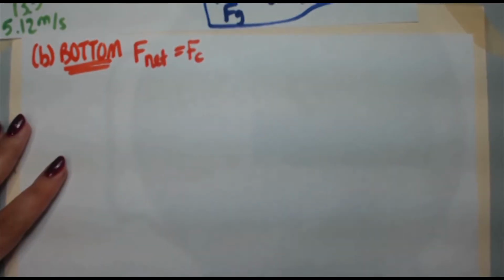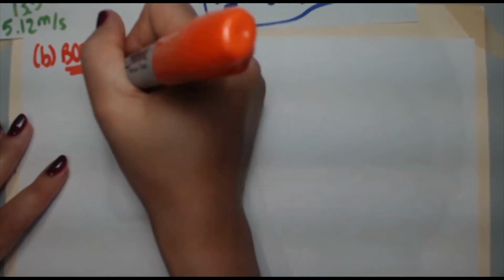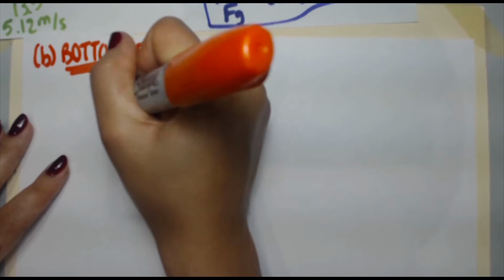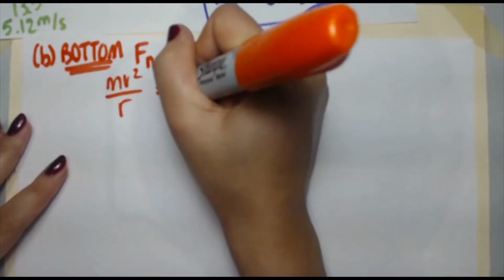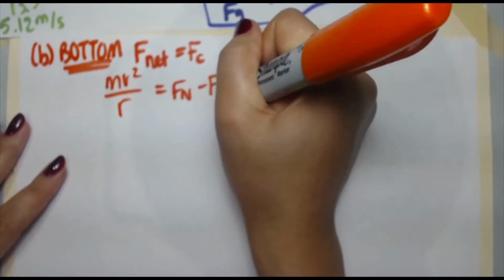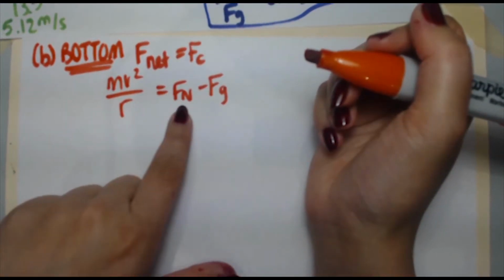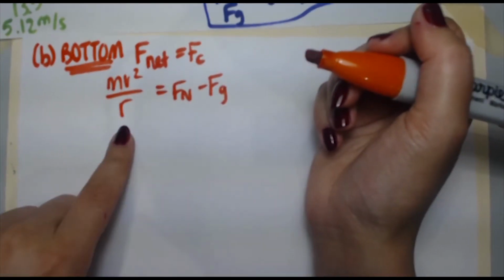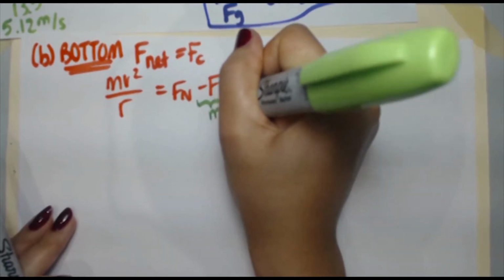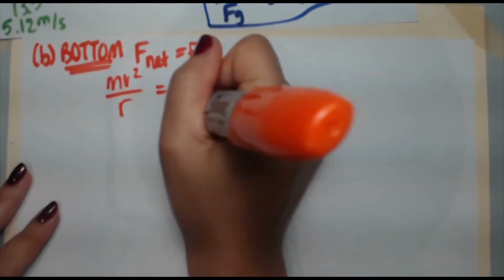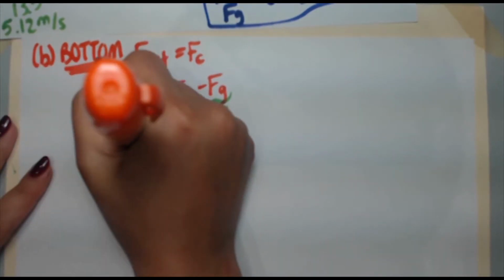Okay, so F net equals Fc. Our F net is mv squared over r. And our centripetal force, because up is positive, it's going to be Fn minus Fg, not Fg minus Fn. Solve for Fn, therefore bring the minus Fg to the right. Fg is simply mg.